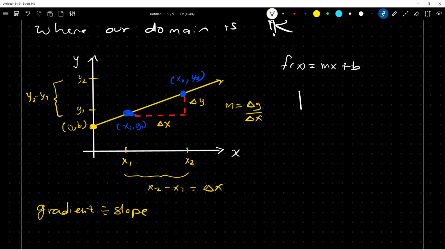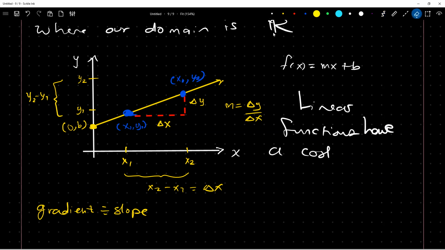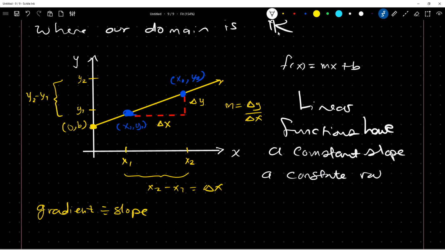So we can say that linear functions have a constant slope, which in other words means they have a constant rate of change. No matter which 2 points I choose on the line, I will always find the same rate of change.